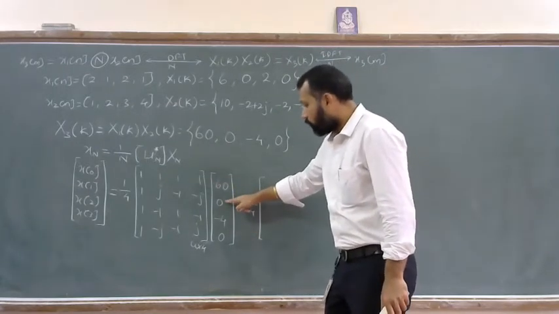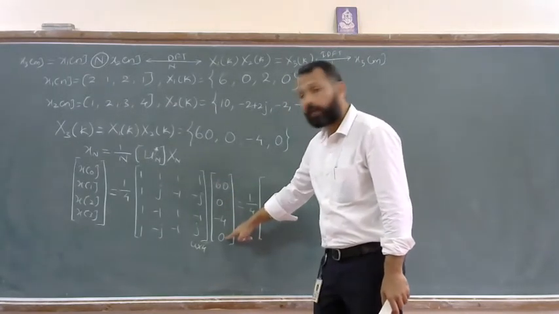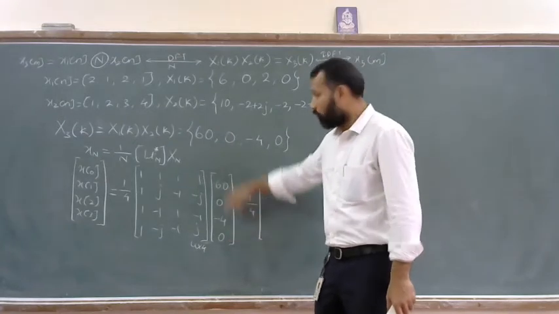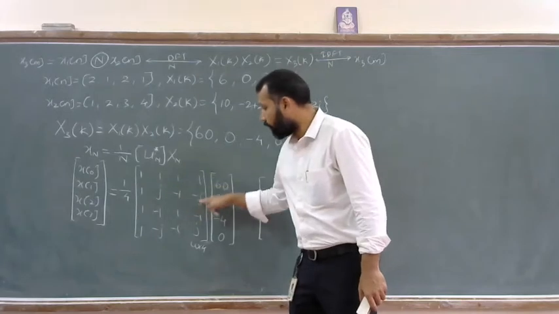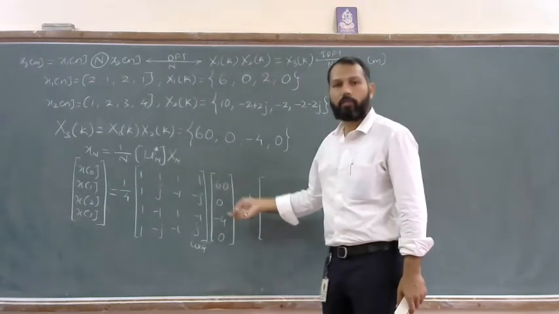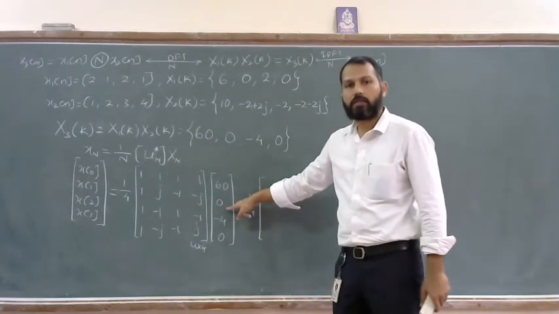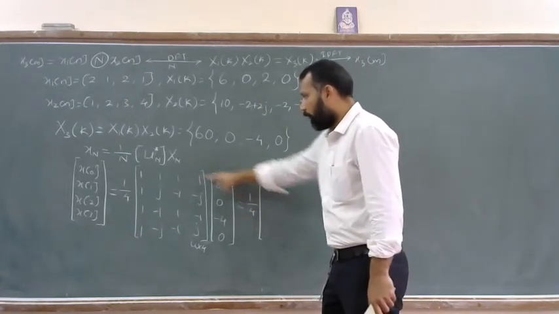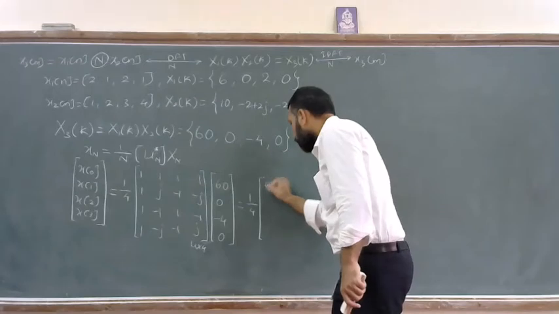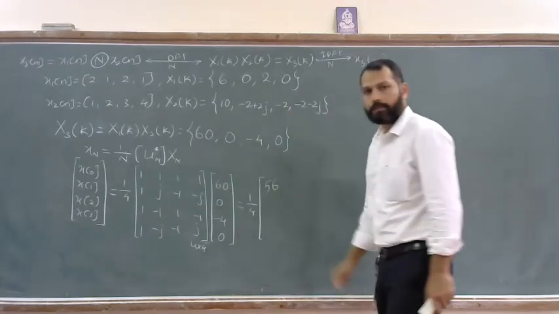If you observe, the second and fourth DFT values are 0. So in these values of the twiddle factor, wherever there is imaginary value, it will be 0 because it will be multiplied with 0 here. So first value will be 60 minus 4, 56.